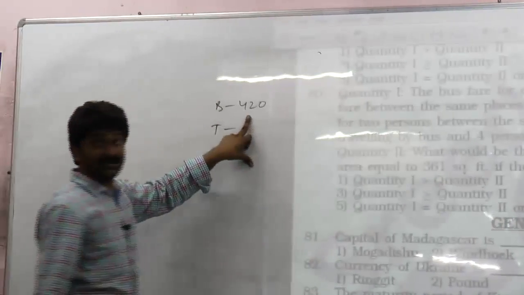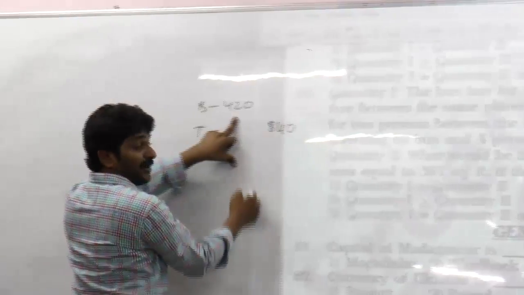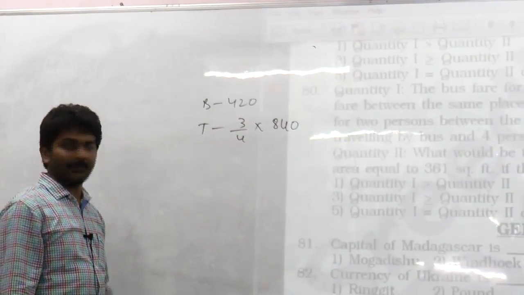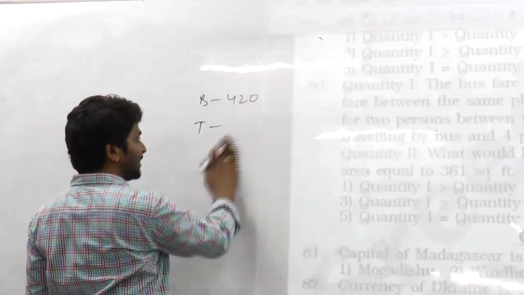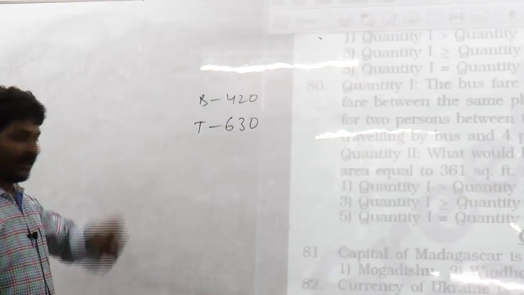One person bus fare is 420, two persons bus fare 840, and train fare is 3/4 of this number. 1/4 of this number, 210 into 3, 630. So train fare is 630.